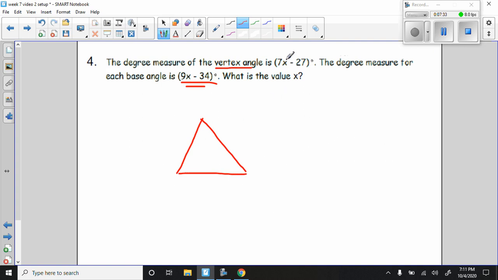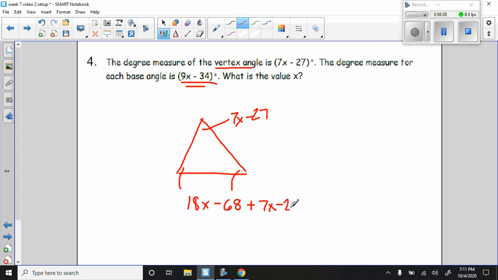So there's going to be 7x minus 27 here. There's also two of these, so really, I'm going to double that into 18x, doubling the 9x minus 68. There's got to be two of those, plus that vertex angle of 7x minus 27.